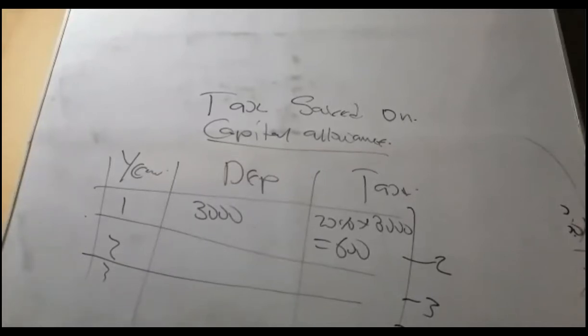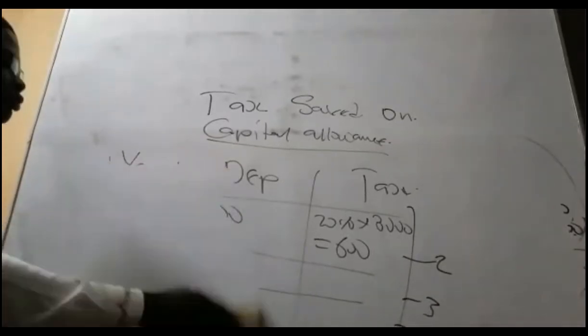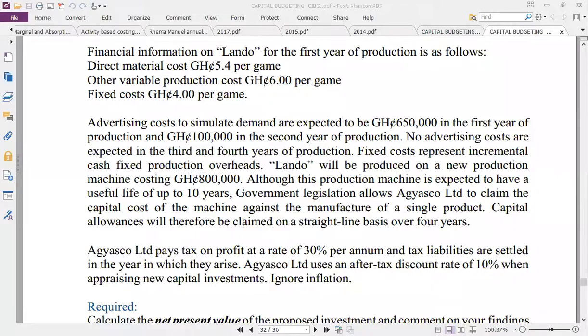So we use the one in Ajasco to do the calculation. Now let's see if we can finish Ajasco. So now let's go to the actual question. Where do we start from? We said that in the NPV layout, we start from the sales revenue.